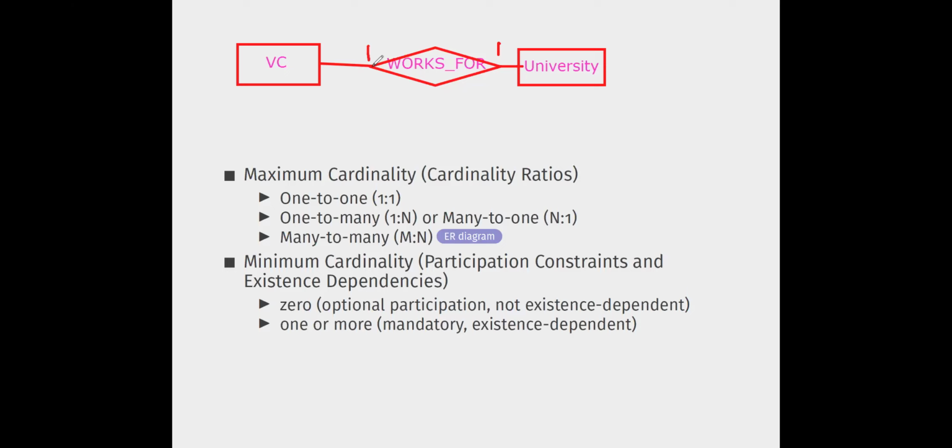So is it optional or mandatory then? Mandatory, it should be mandatory. So if it is mandatory, we draw a double line here. Take the university side: are all the universities having a vice chancellor?